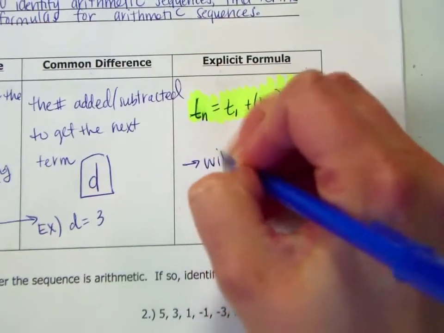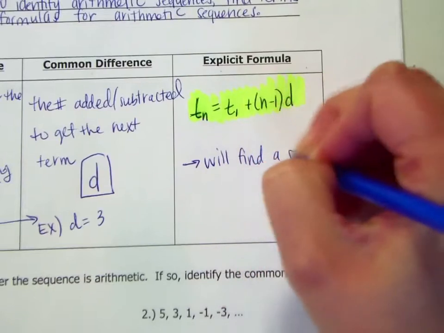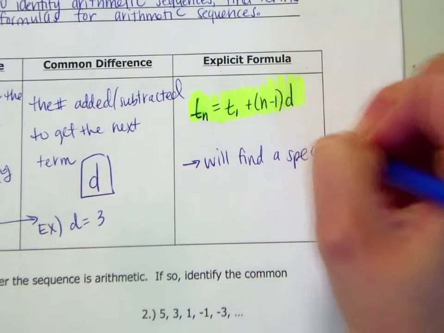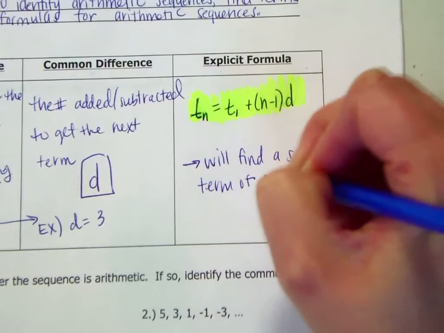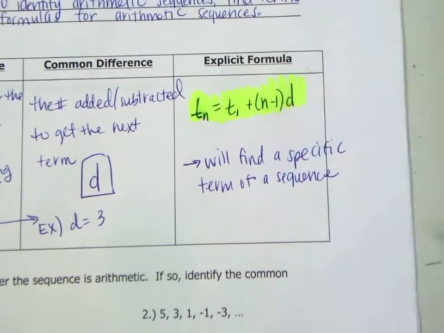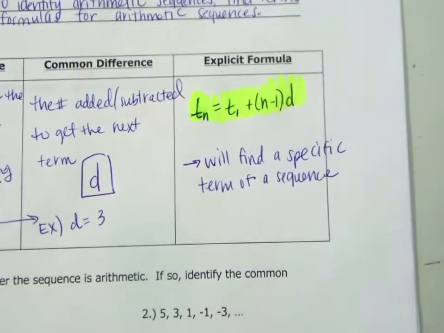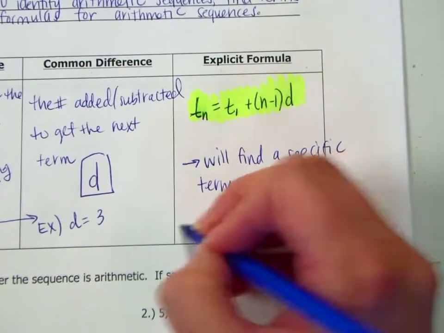Again, what this does, this will find a specific term of a sequence. There are two things we need to be able to use this explicit formula.